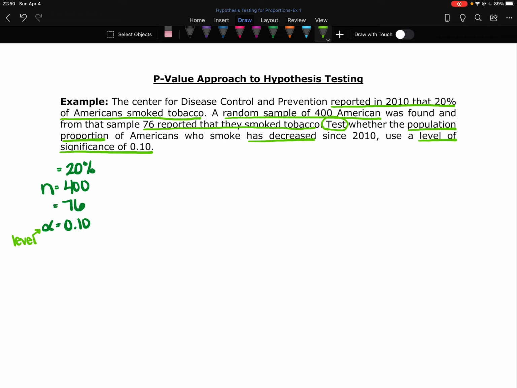So I'm just going to put a note for that here. Level of significance. Because I'm saying alpha says anything less than 0.10 is too small. So again, alpha serves as like a cutoff value to say, hey, if it's less than this, that's when you're going to reject. That's when your p is too low. So you reject H0.